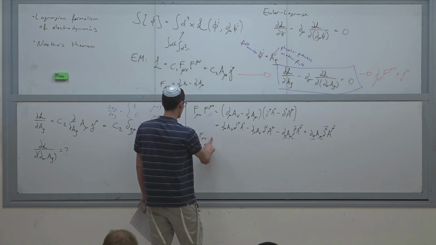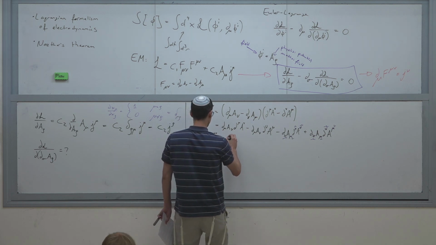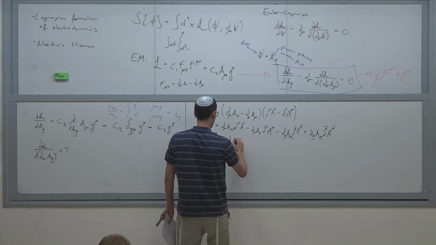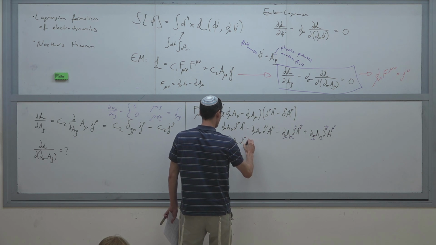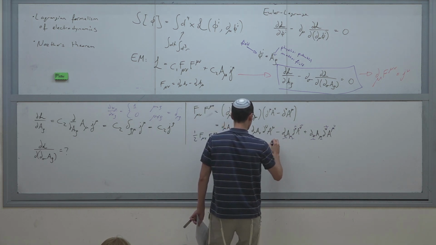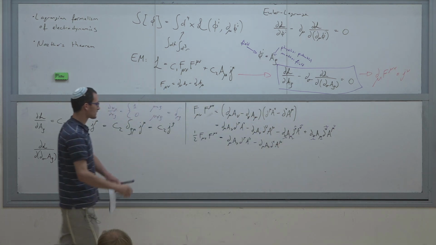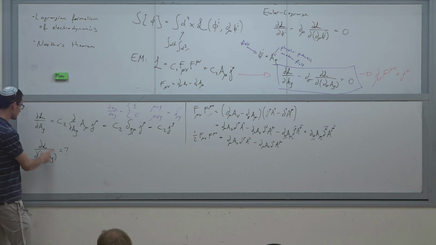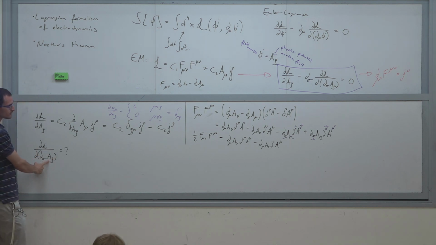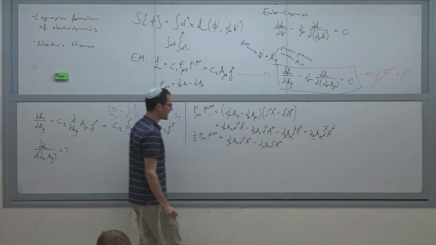So 1/2 f mu nu is d mu a nu d mu a nu minus d mu a nu d nu a mu. Okay, this is starting to look better. Remember, I want to take the derivative with respect to d sigma a rho, so it's starting to look familiar.